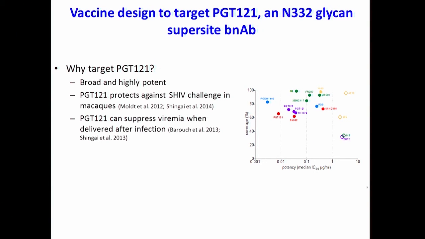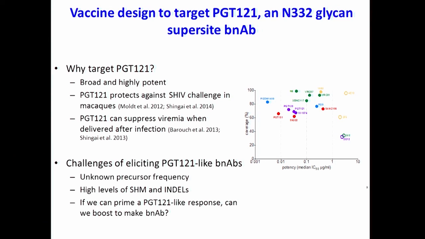Some of the reasons we like PGT121 is because it's broad and it's highly potent. It's about 65% breadth, and it's one of the most potent antibodies. It's also been shown to protect against SHIV challenge in macaques, and it can also suppress viremia when delivered after infection. So we think if you could make a vaccine that could elicit this type of antibody, it would have a good chance of protecting in humans.